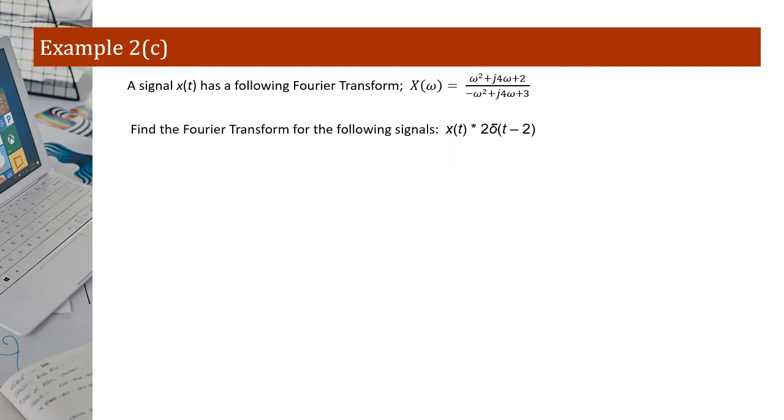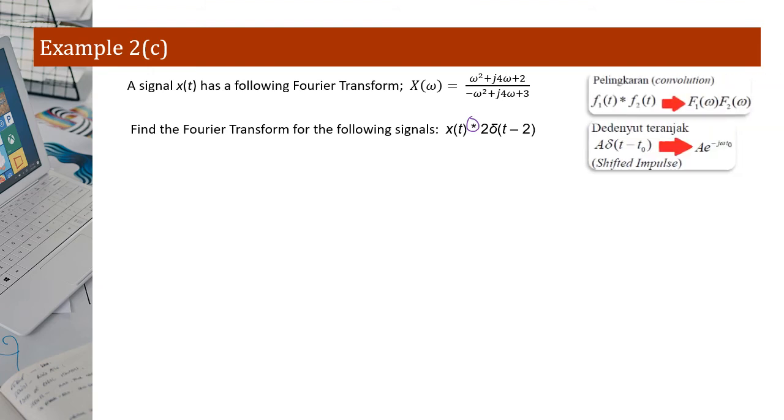Okay, move on to example 2c. Given a new equation, when you have a signal being convolved with a second signal, again you need to refer to the Fourier transform pairs or Fourier transform table. When you have convolution in the time domain, the Fourier transform is basically the multiplication of the two signals in the frequency domain.